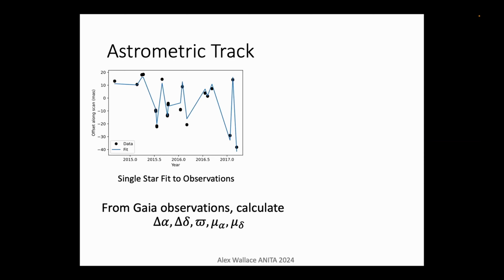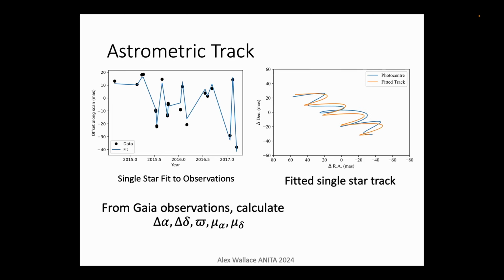So you can see there are quite a few differences along there. And if we were to plot that out on a two-dimensional sky, the orange one is the track that we've fitted. Obviously, it's quite different from what's actually going on, because what's actually going on is not a single star. So that's quite a bad fit, and what we're really interested in is how bad is the fit.